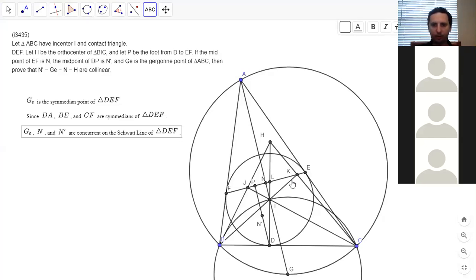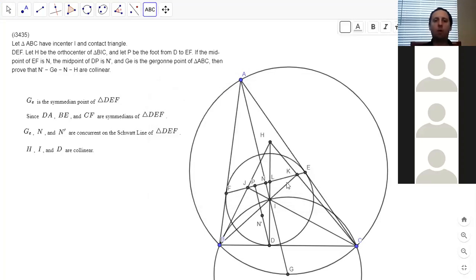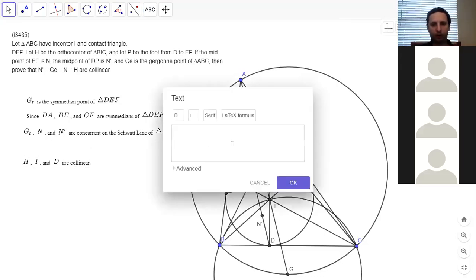Yeah, I don't think we need J and K. So, but it's obvious HI and B are collinear. J and K are used for the harmonic bundle. Oh, okay. Yeah, good point. So let EF meet BH and CH at J and K.